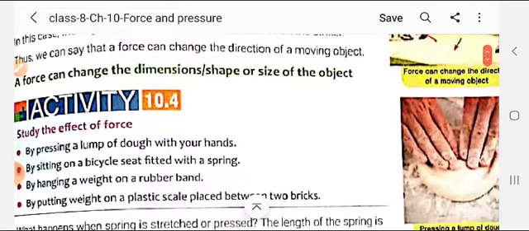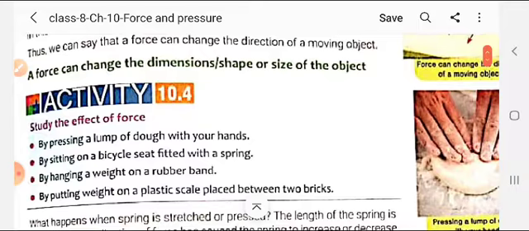Now, student, next, by applying a force, we can change the dimension, or you can say the shape or size, of an object. Suppose you are making a clay toy, so by pressing it, you can change its various shapes as well as its size.